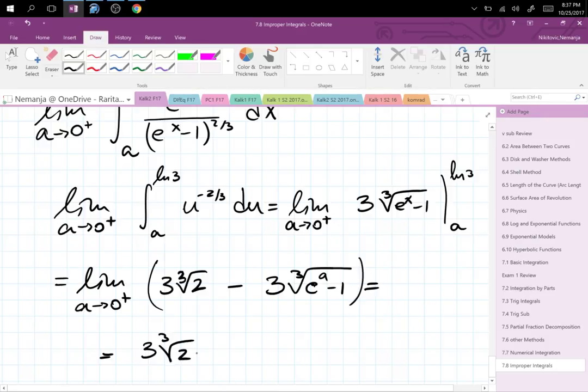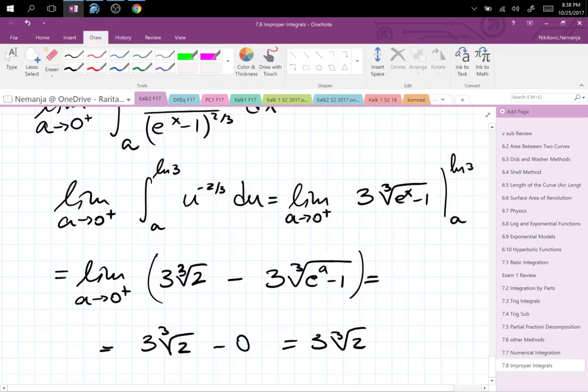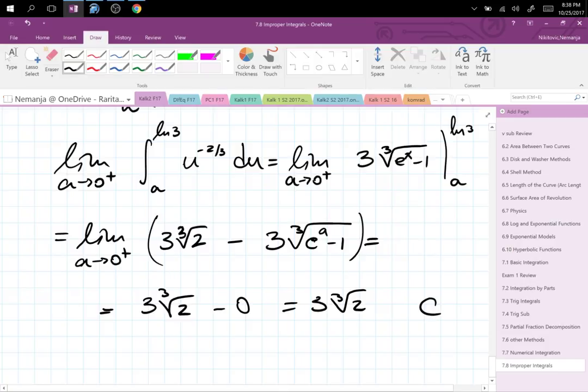Three cube root of 2 stays as is, and when I plug in 0 here, I get cube root of 0, which is 0. So it converges.